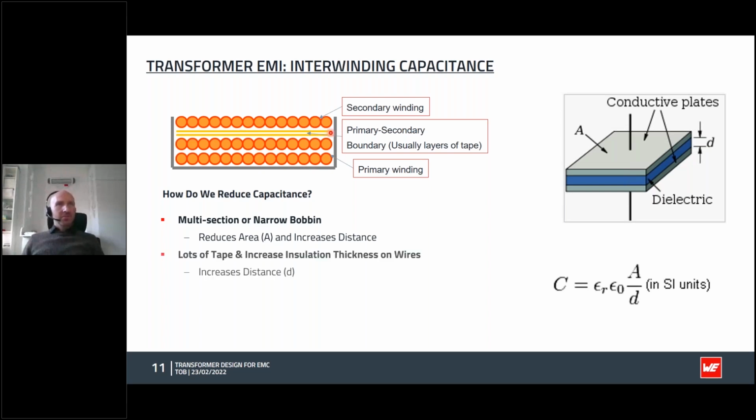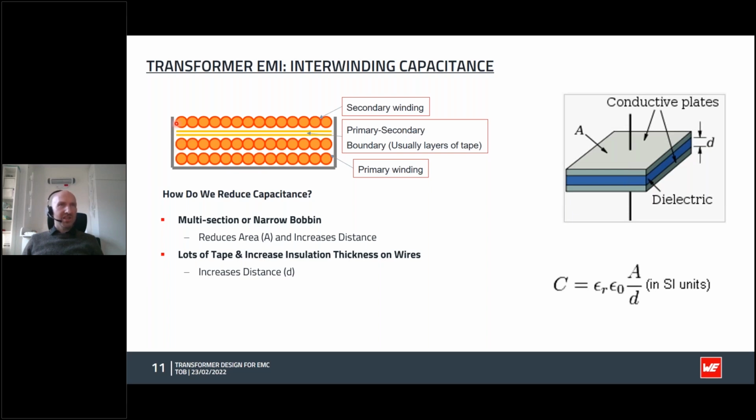Then another thing we can do is increase the distance to reduce the capacitance. How do we do that? Well, we can simply use more tape or use thicker tape here, so we increase the distance between this winding and that one. We can use thicker insulation on the wires themselves. So we see that we have the copper here and we have this red outline, which is the insulation on the wires.